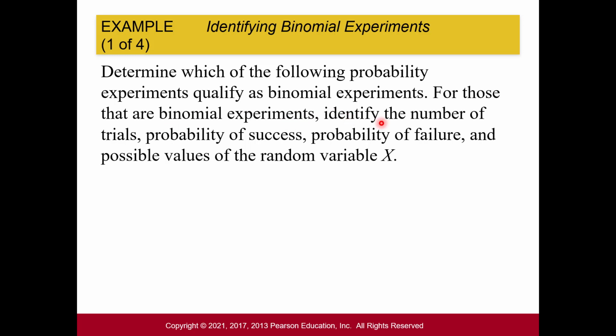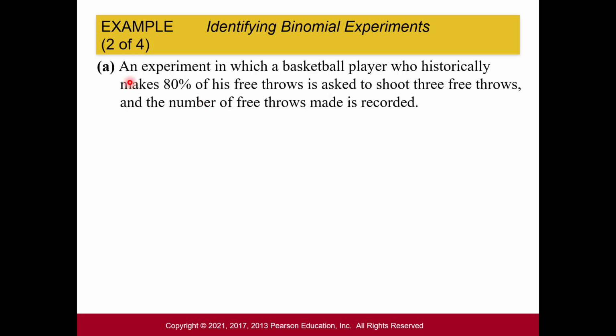Then we're going to identify the number of trials, the probability of success, the complement of that, which is the probability of failure, and then the possible values of our random variable. Okay, so first one, an experiment in which a basketball player who historically makes 80% of his free throws is asked to shoot 3 free throws, and the number of free throws made is recorded.